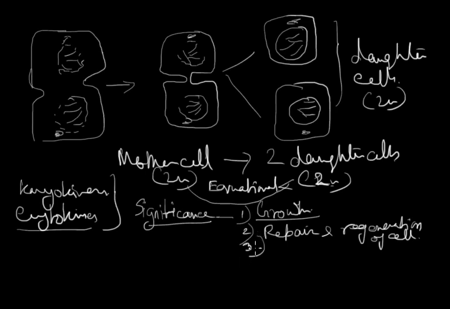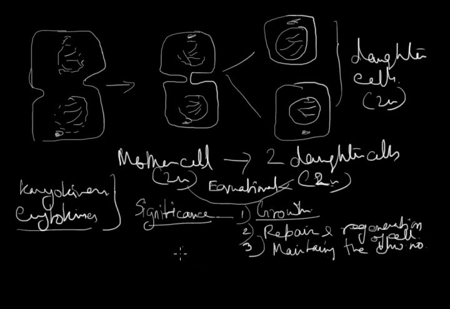Number 3 is maintaining the constant chromosome number. As we have seen, we have an equal number of chromosomes in daughter cells as in mother cells. So the third significance is maintaining the chromosome number of a particular species.